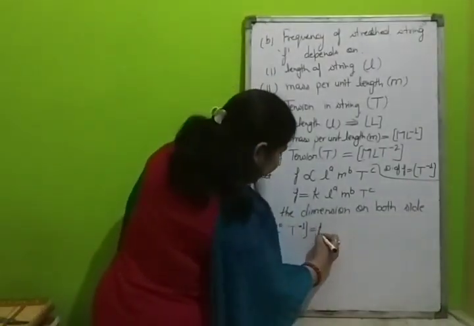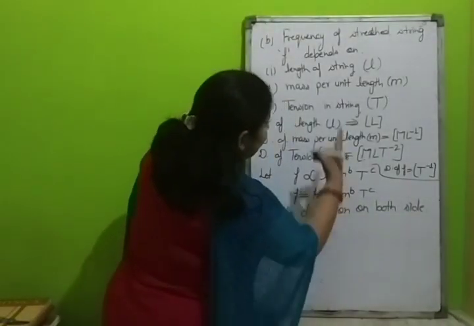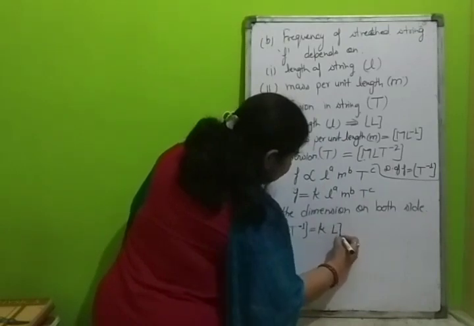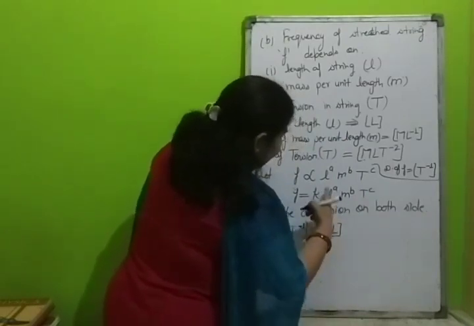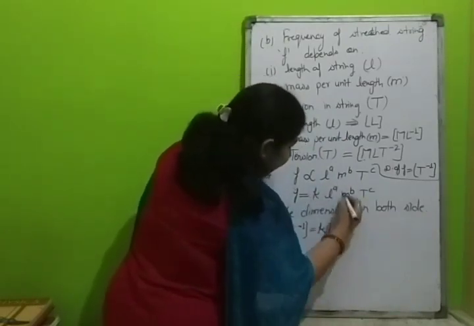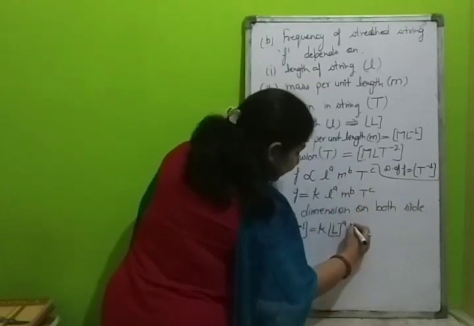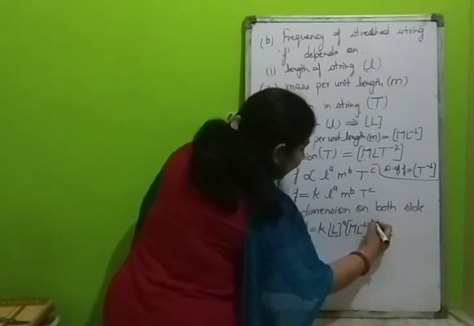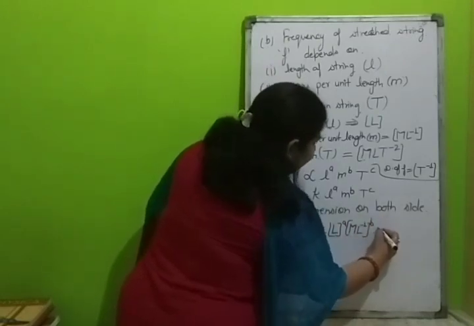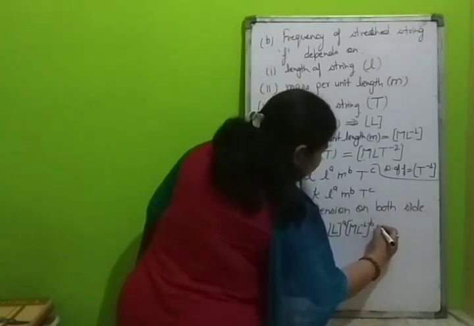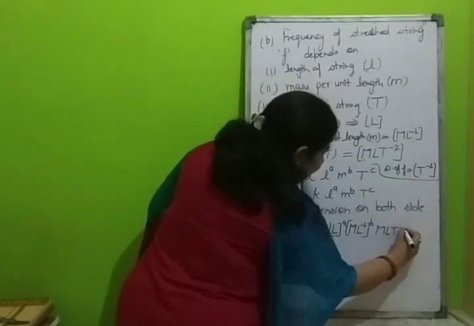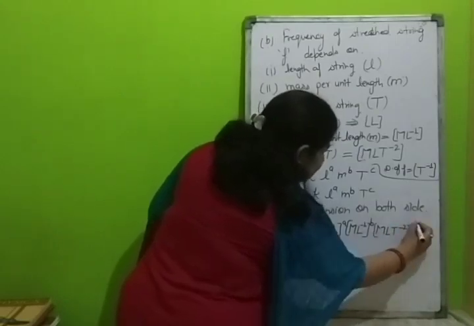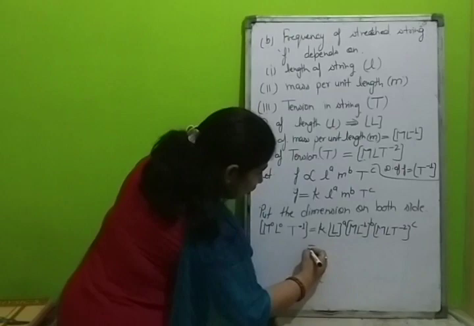Now k, l means length. Then we have length to the power A, m mass per unit length, ML minus 1, to the power B. T, tension means force, MLT minus 2, to the power C. Now solve it.